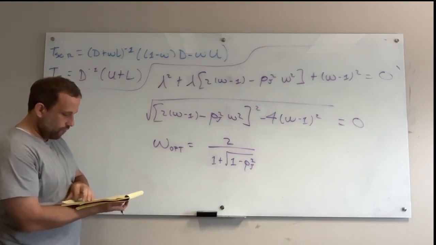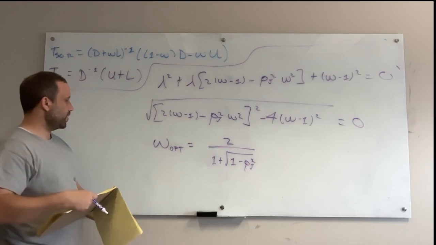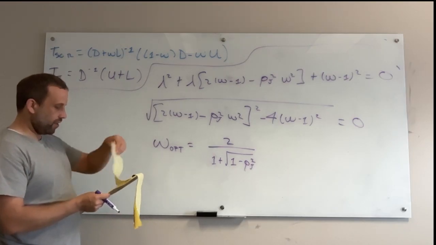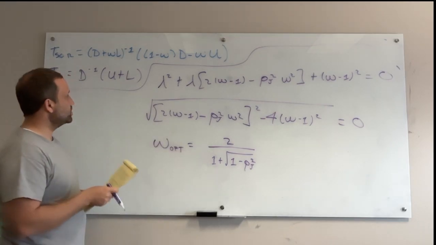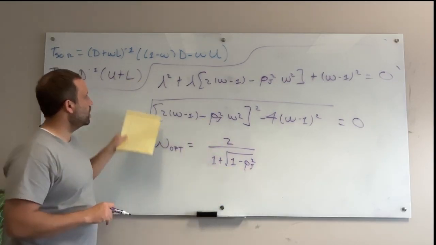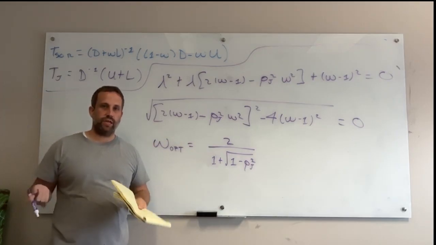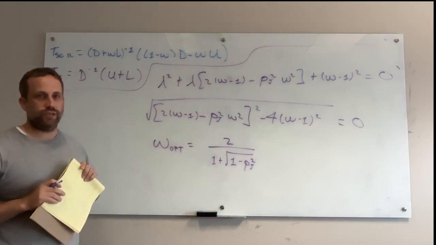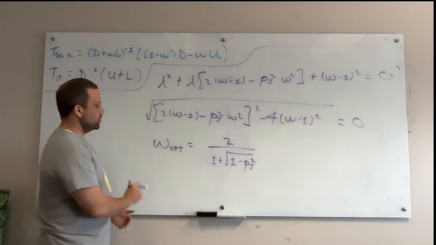Okay, and now from this we can figure out what the optimal value of lambda is. And if we know what the optimal value of lambda is, we know what the spectral radius is. So in other words, if we want to know what the spectral radius is, we're going to take this value for omega, plug it in, and then compute what lambda is equal to. But remember, the whole point is that omega is selected so that the discriminant is equal to 0.